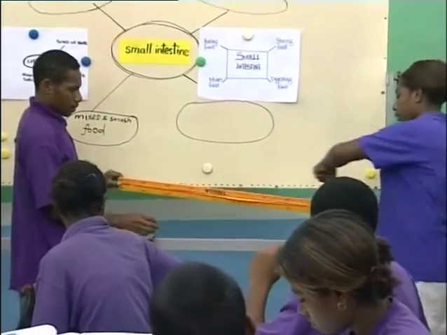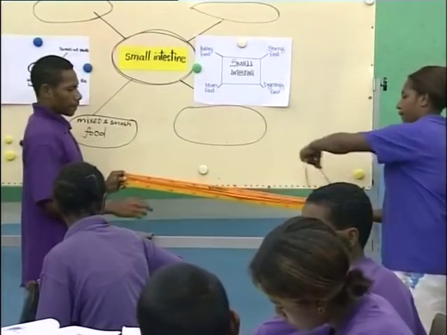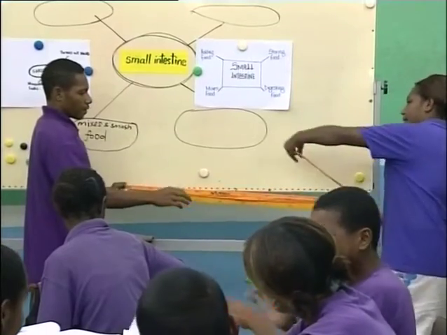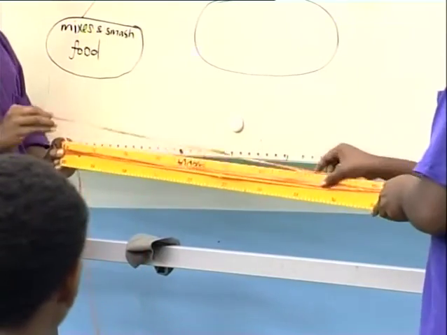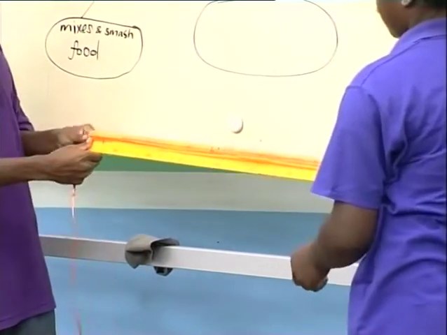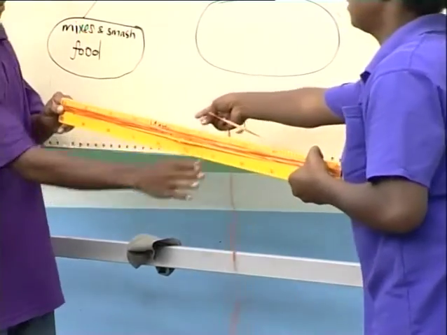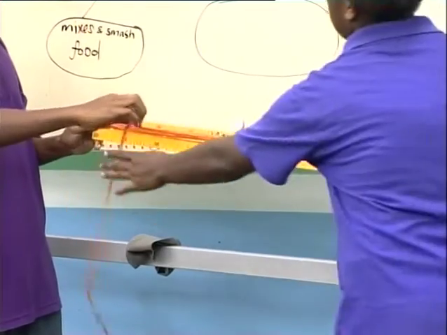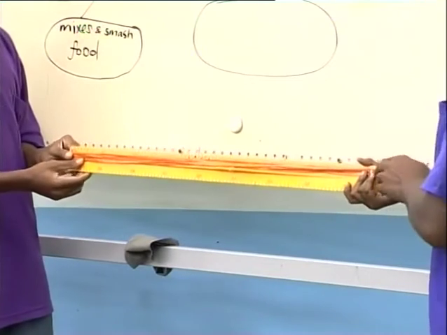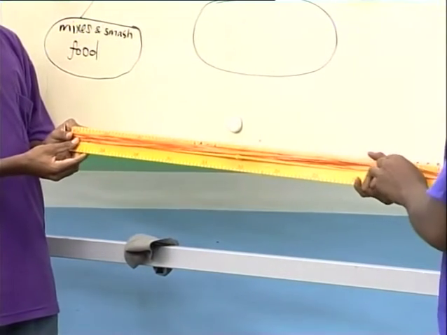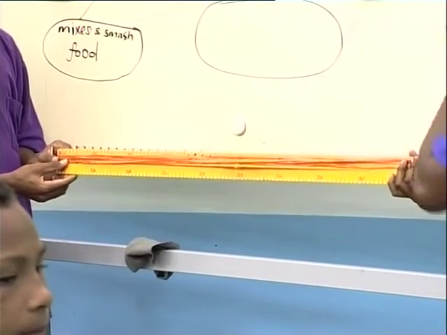Okay, that's 1, 2, count. 5. 6 and 7. All right, so class, they've all counted 7 meters long, and thank you.